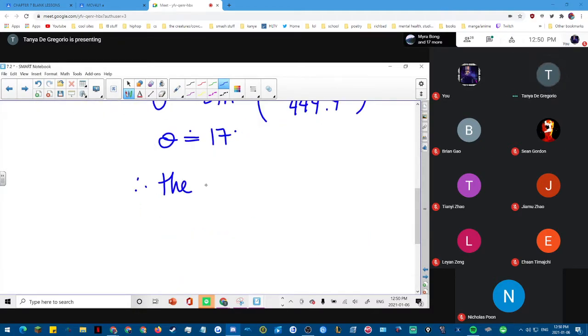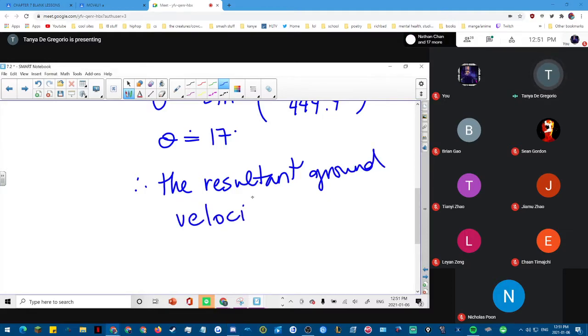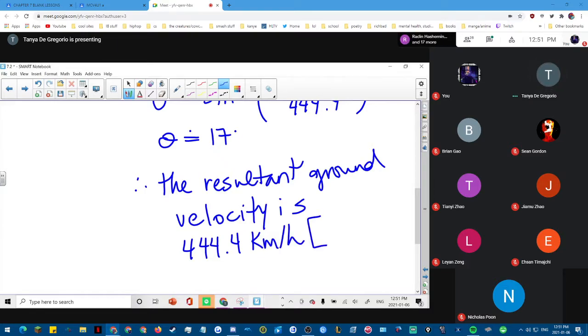Therefore, the resultant ground velocity is 444.4 kilometers per hour, and it's 17 degrees west of north.